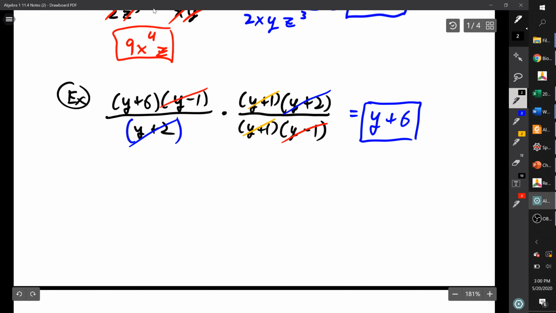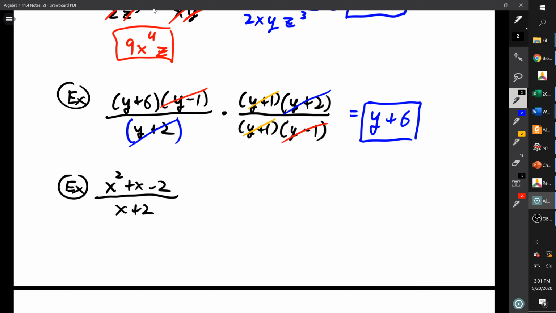Okay, next example. This one looks like this. We have an x squared plus x minus 2 over x plus 2 times, actually, let's see, x plus 2. I'm going to change this.